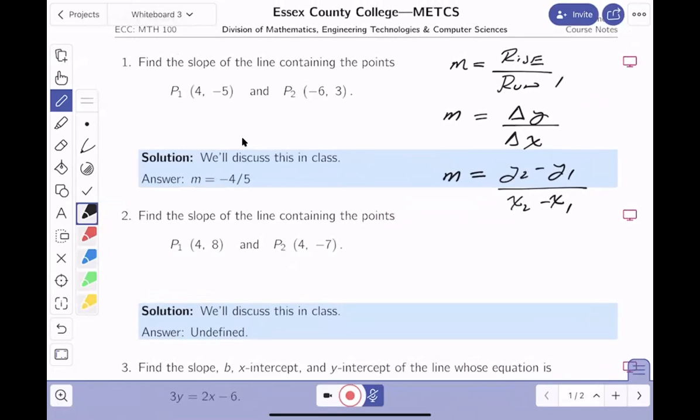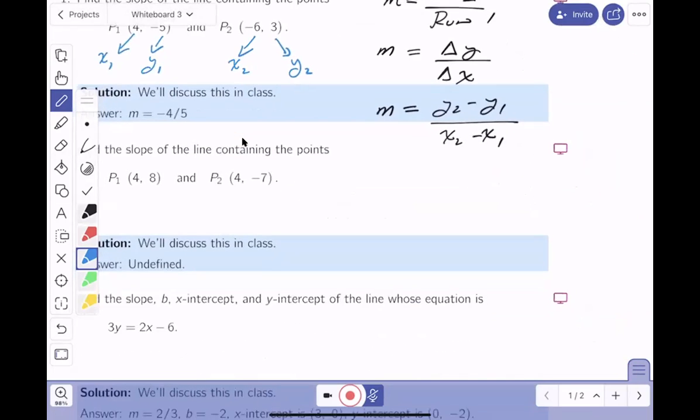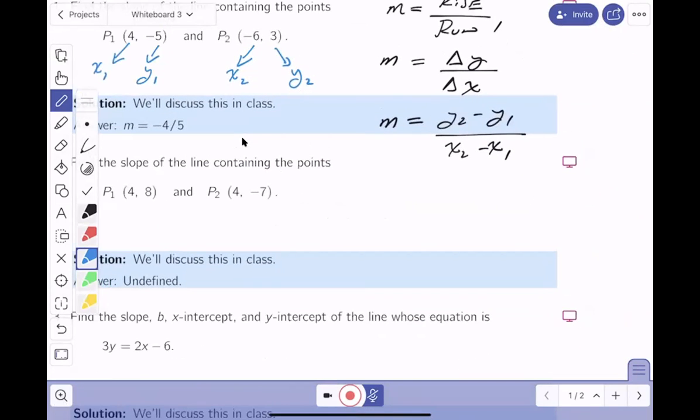To do that, I'm going to recommend that you label this x1, this y1. It's my first point. This is my second point, x2, and this would be y2. So I'm going to put the formula down. The formula is over here, and I just want to be careful about it. Equals, we'll look at the key later.